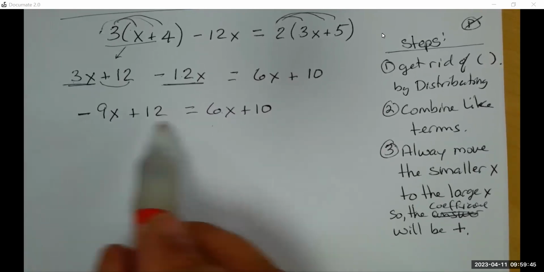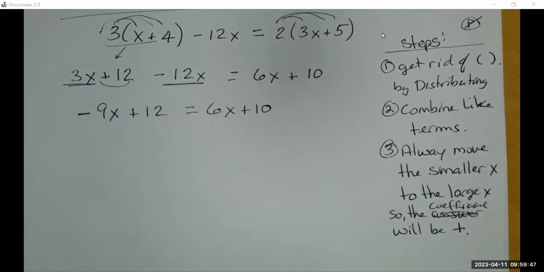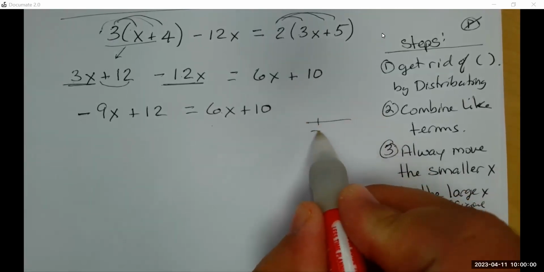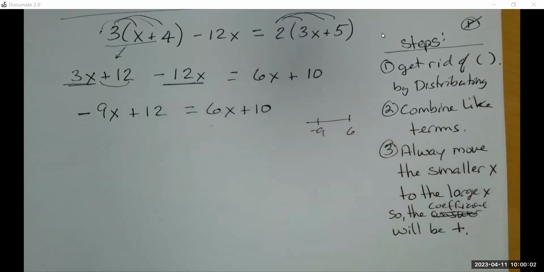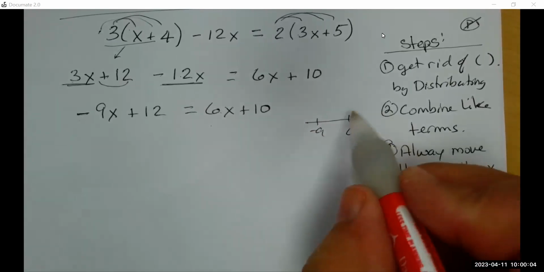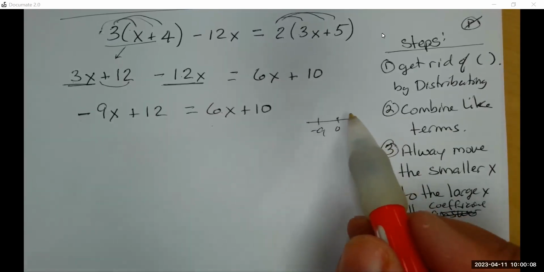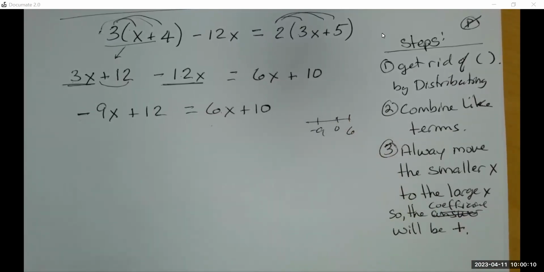How do we know negative 9 is smaller than positive 6? Because, yeah, negative 9 is to the left of 6 on the number line. Whatever's left is smaller than whatever's right.